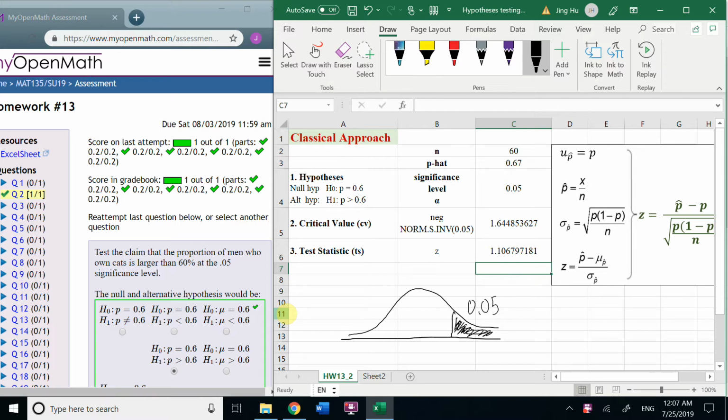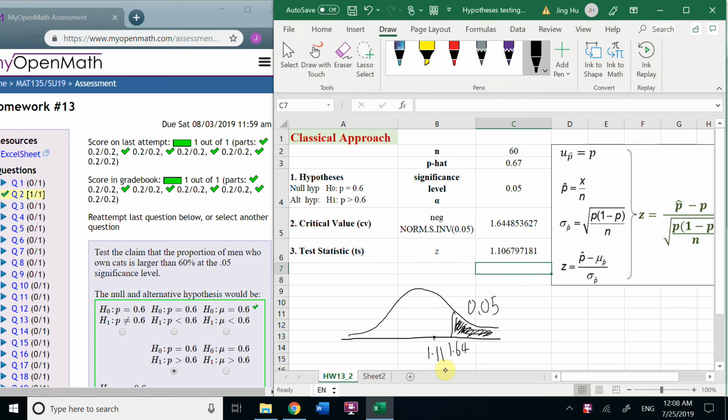Based on that, we can get the critical value of Z, which is 1.64, this value. And the test statistic Z we get is 1.1, 1.11. It is around here.